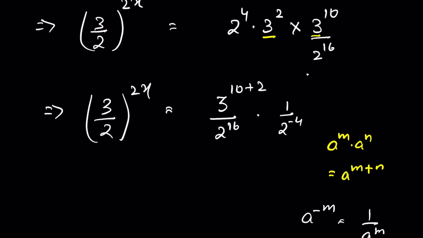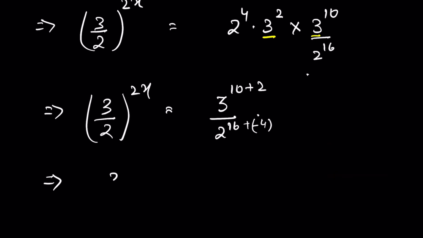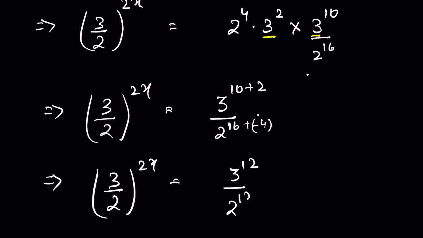So here also we can add the negative 4 using this identity, or 3 upon 2 whole to the power 2x is equal to 3 to the power 12, and 16 plus minus 4 is 16 minus 4, so 2 to the power 12.